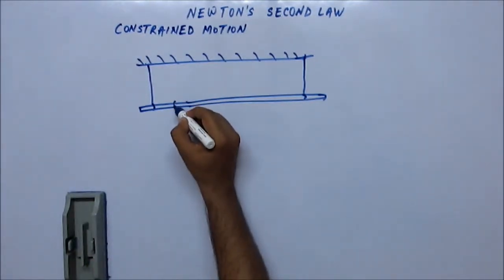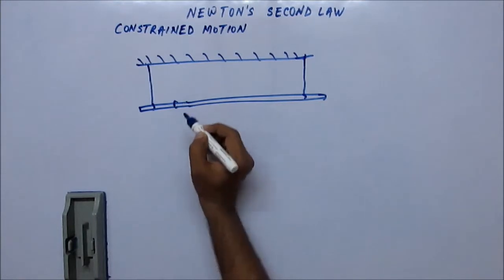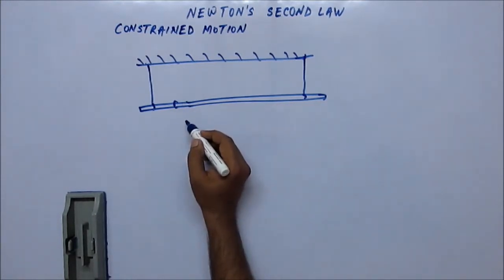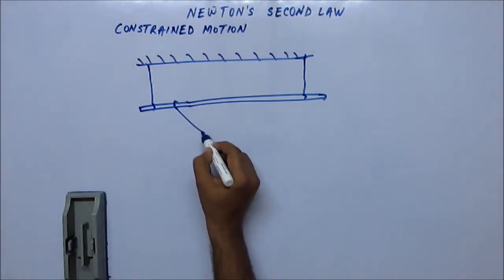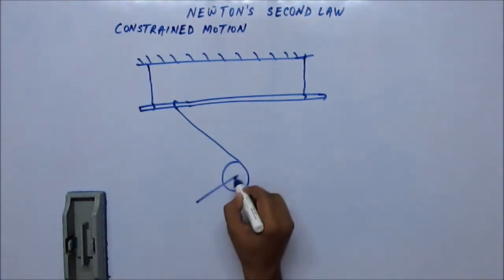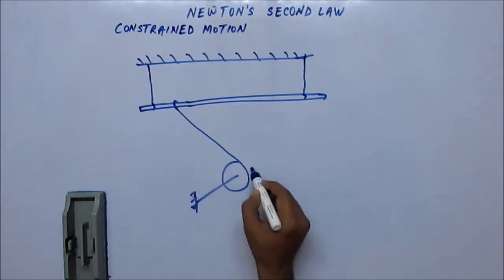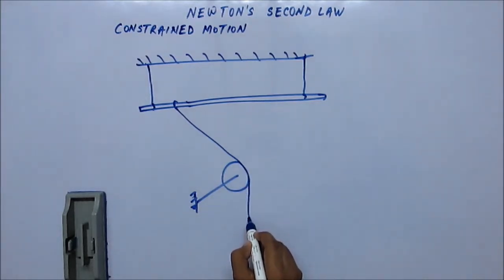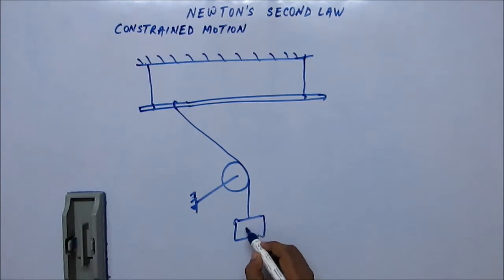There is a ring here. That ring is tied to a string going round through the pulley, and mass m is hung from the other end of the string.